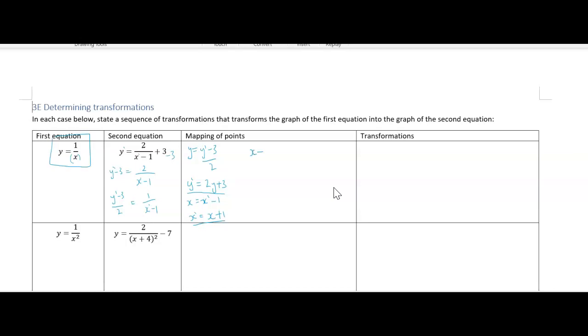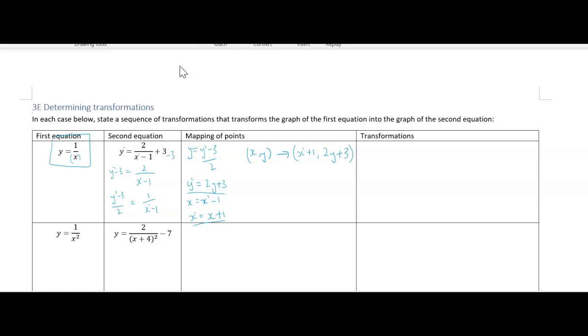So x and y has become x dash plus 1. I was reading the wrong spot. And even though I underlined it, I didn't even see it, 2y plus 3. I didn't think I'd have enough space. Look at all that space I've got left.